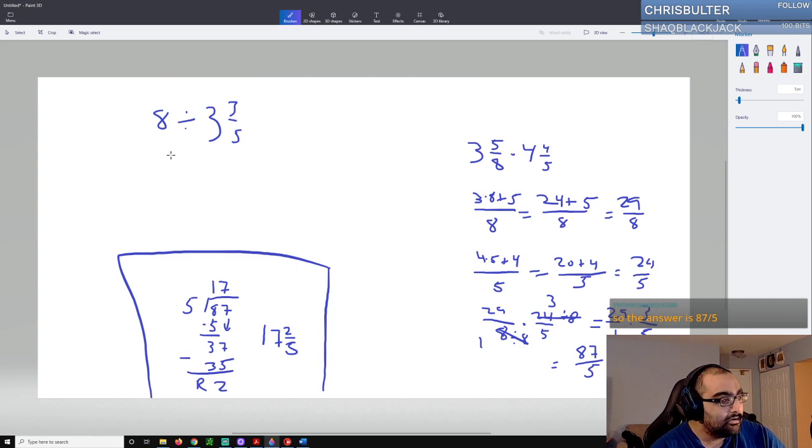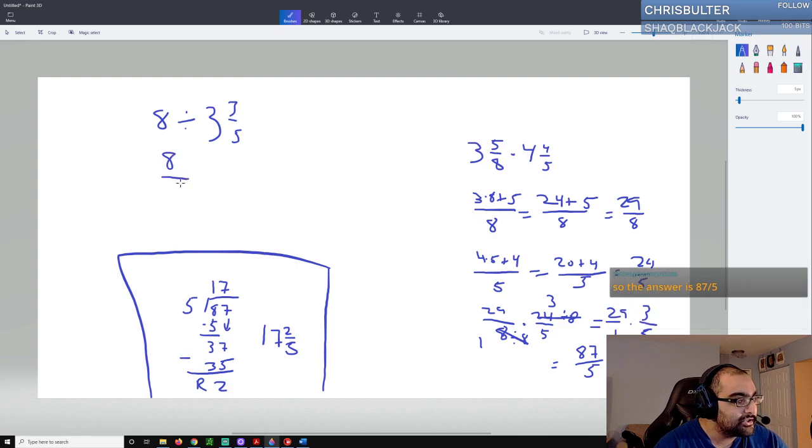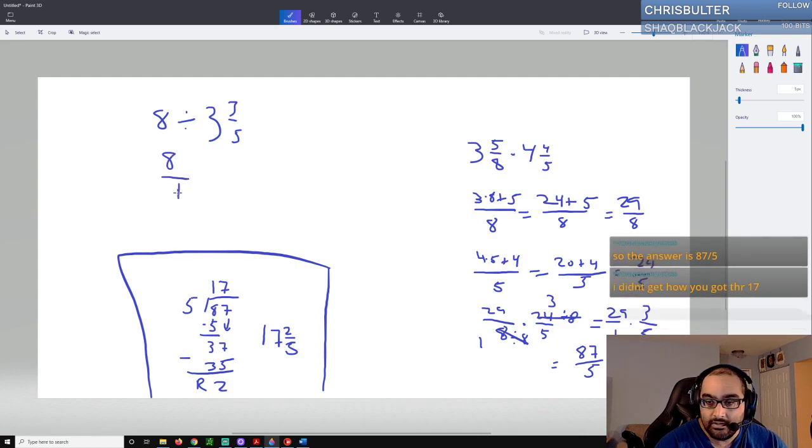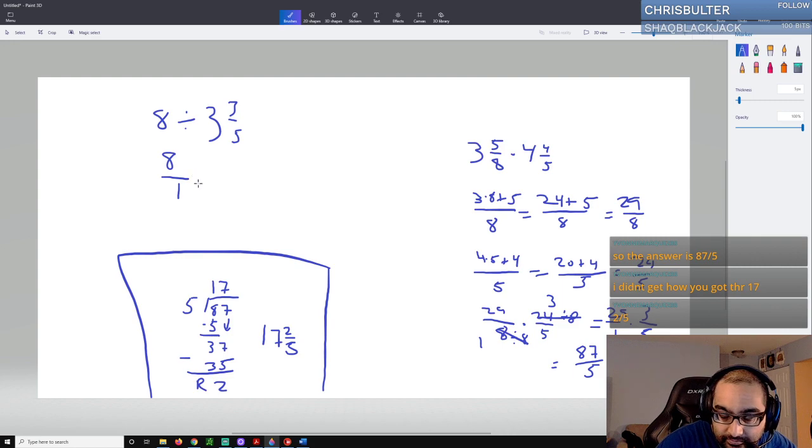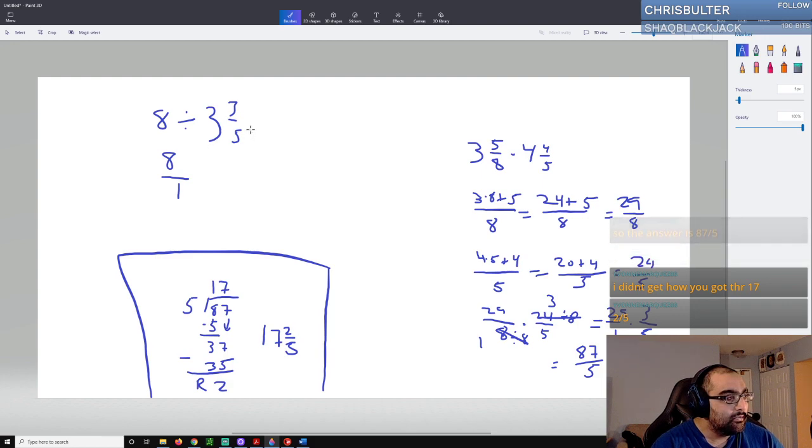Now for 8 divided by 3 and 3/5, we're just going to change 8 to 8 over 1. So we're going to have 3 and 3/5 here. Again, we convert that: 3 times 5, which is 15, plus 3, which is 18.